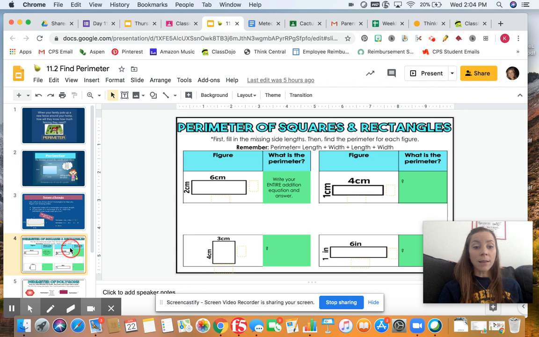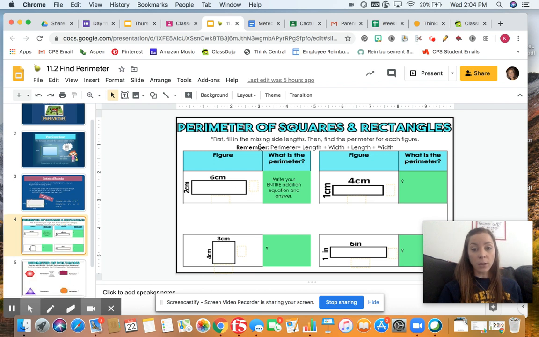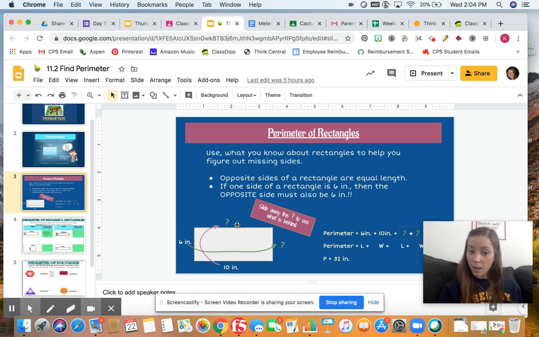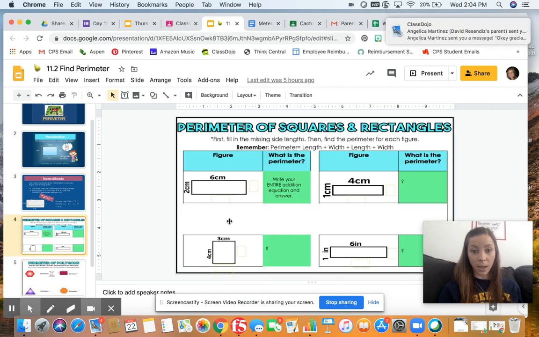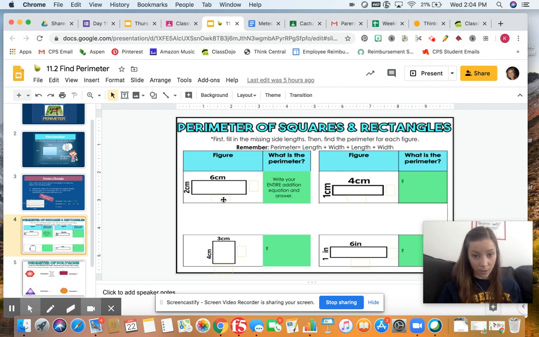And then these last slides are the ones that you're going to actually fill in. So it says first fill in the missing side lengths. Use what you just learned on this page to help you figure out the missing side lengths. So you have to fill in this box. Like if this side is 6, then you know this side is 6, so you fill it in. If this side is 2, then you know this side is 2, so you fill it in.